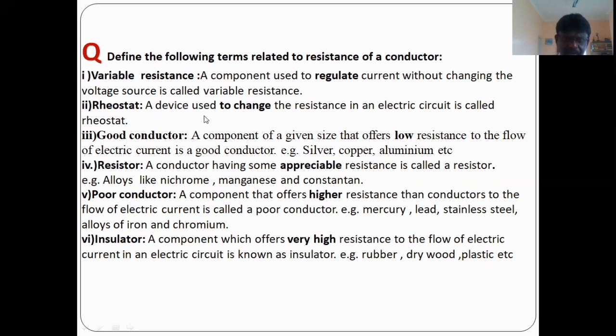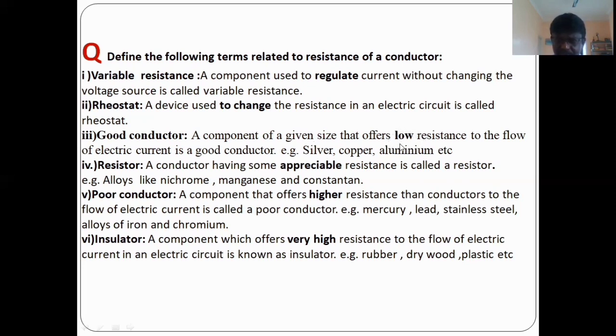Rheostat: a device used to change the resistance in an electric circuit is called a rheostat. Good conductor: a component of a given size that offers low resistance.